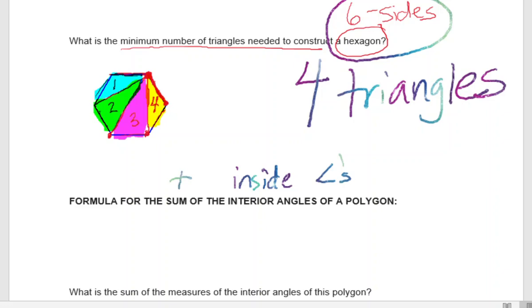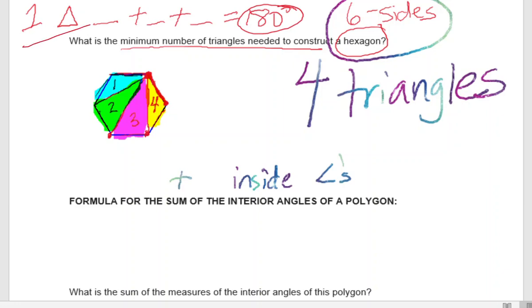We know that a triangle has 180 degrees. We learned that previously, that a triangle has 180 degrees when you add up the 3 angles. So again, we know that if we have one triangle, something plus something plus something has to equal 180 degrees.